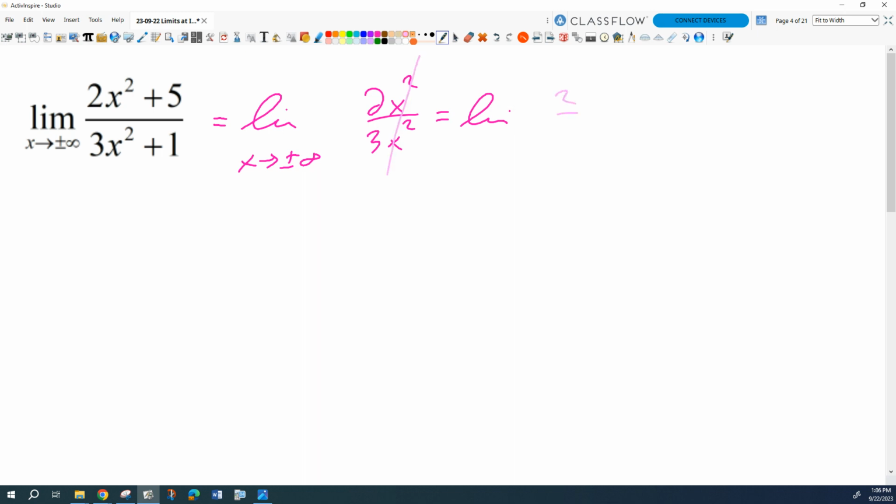That's equal to the limit of 2/3 as x approaches plus or minus infinity.